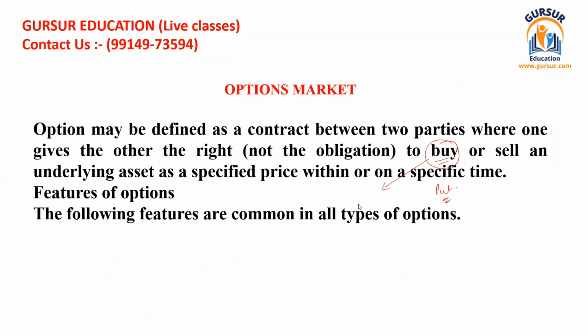You can simply say call option, this is the call option. And when he is purchasing the contract for selling the underlying commodity at a specified price and specified time, this is known as the put option.